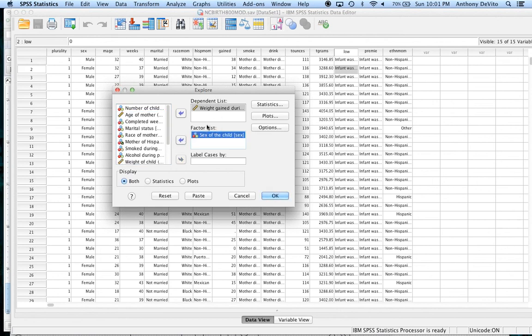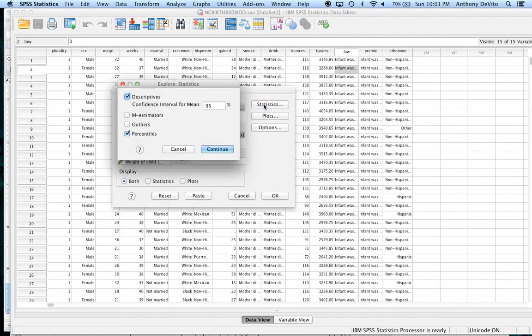So now it'll separate out the data for weight gain during pregnancy for all of the women that had male babies versus all of the women that had female babies and analyze them separately, with the exception of the box plots, which it'll put on the same graph side by side.